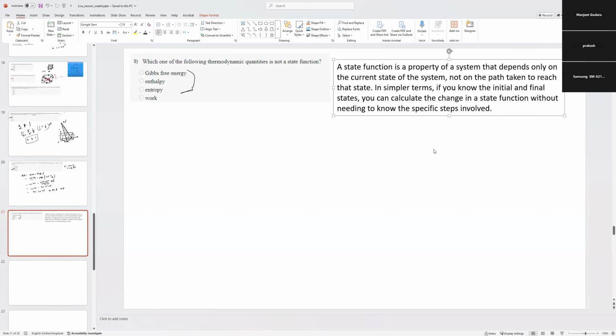A state function is a property of a system that depends only on the current state of the system, not the path taken to reach that state. Work, if you know, depends on the path you take. So if you're assuming friction, work is friction force F into ds.